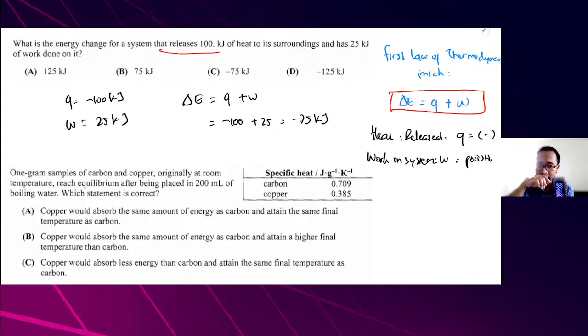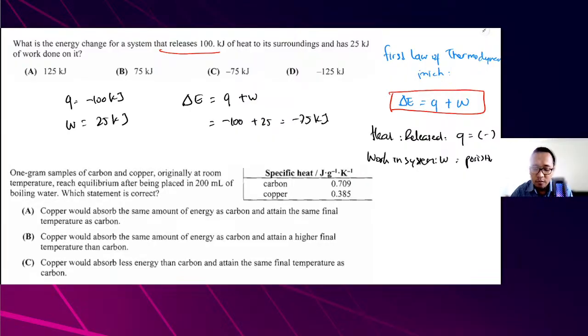And again, if heat is released, Q will be negative, and if work is done on the system, it gives us positive work.